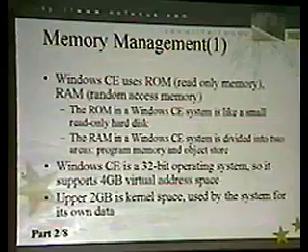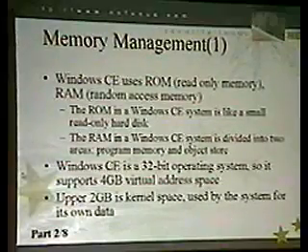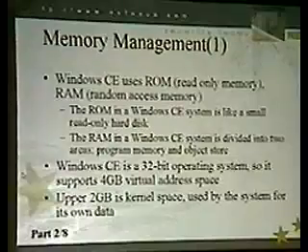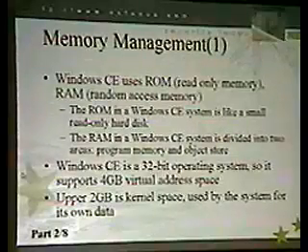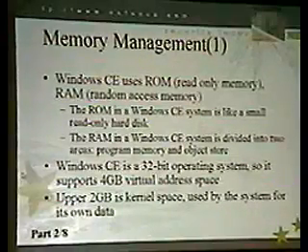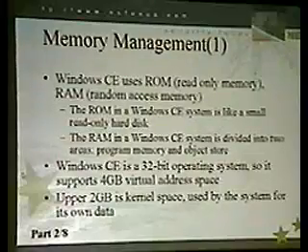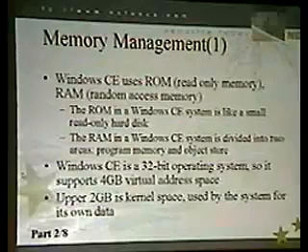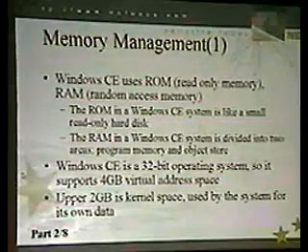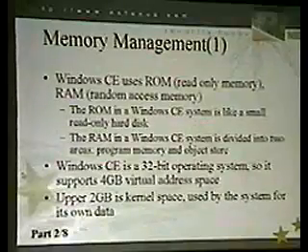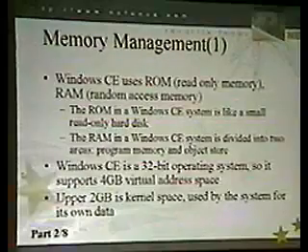The RAM in a Windows CE system is divided into 2 areas, the program memory and the object store. The object store can be considered something like a permanent virtual RAM disk. It's unlike a RAM disk in the PC. It can maintain the files in it even if the system is turned off.